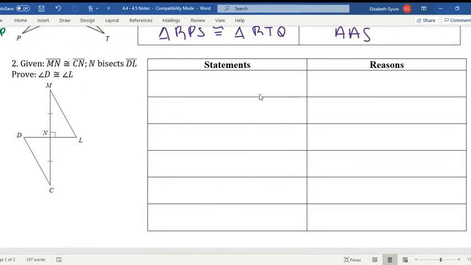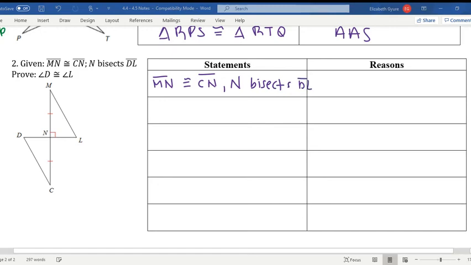So here we are given that segment MN is congruent to segment CN, and that point N bisects segment DL. I gave us another bisector because I remember that one kind of threw us off a little bit last class. So this is given.